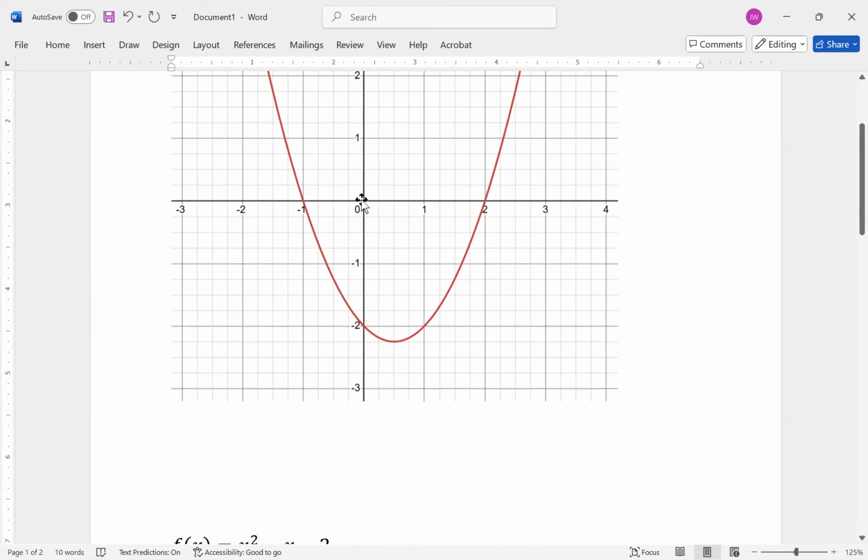If I plugged in 0 as my x value, it looks like it's going through the point 0, -2. So let's write those types of things down. So just visually, we can see that 0, -2 is one of the points. We already found that one. We can also see that 1, -2 is another point.